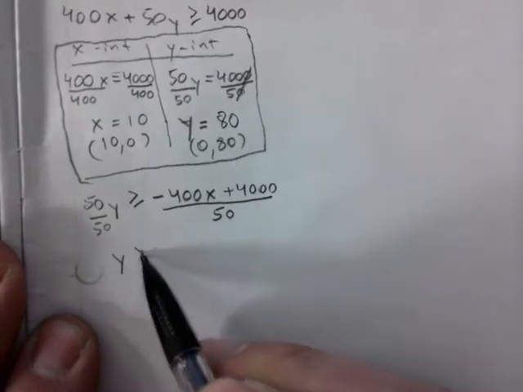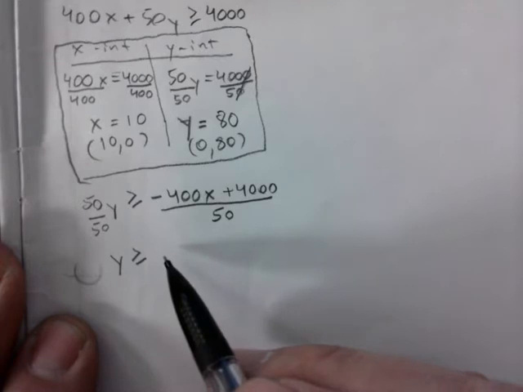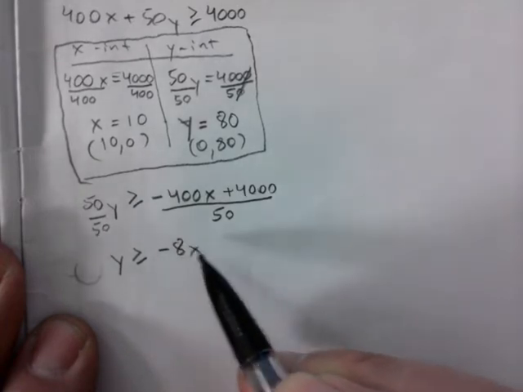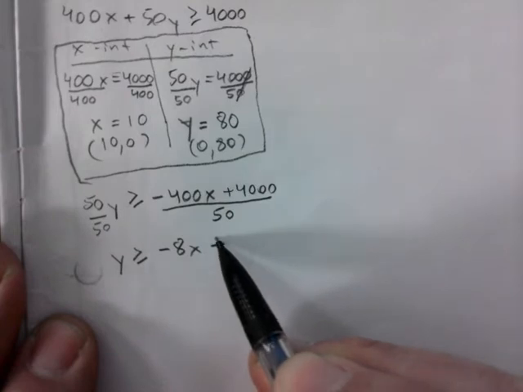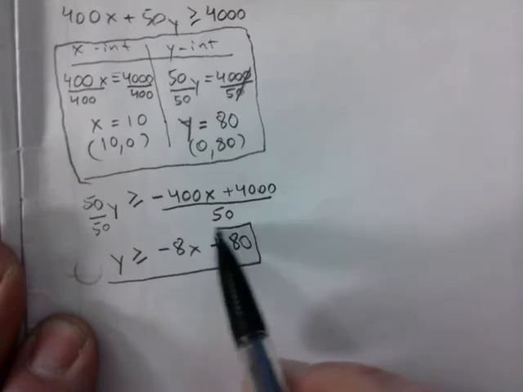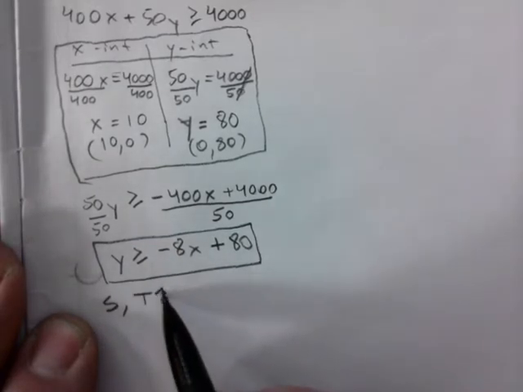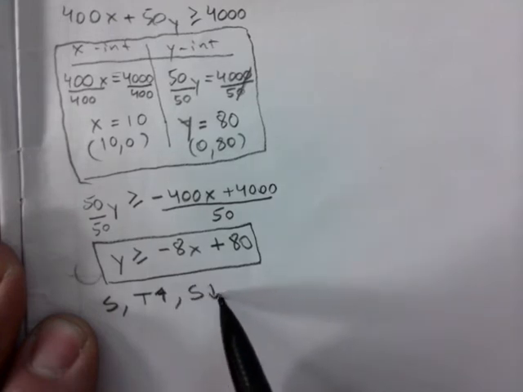No negatives, okay, so this goes in there exactly 8 times. So it'll be negative 8x plus 80. Solid, true is above. I will shade below.